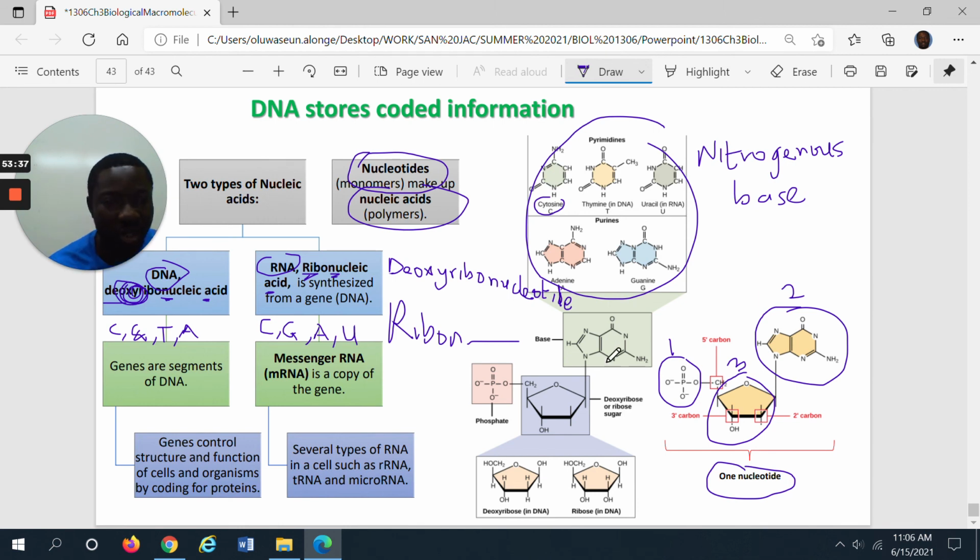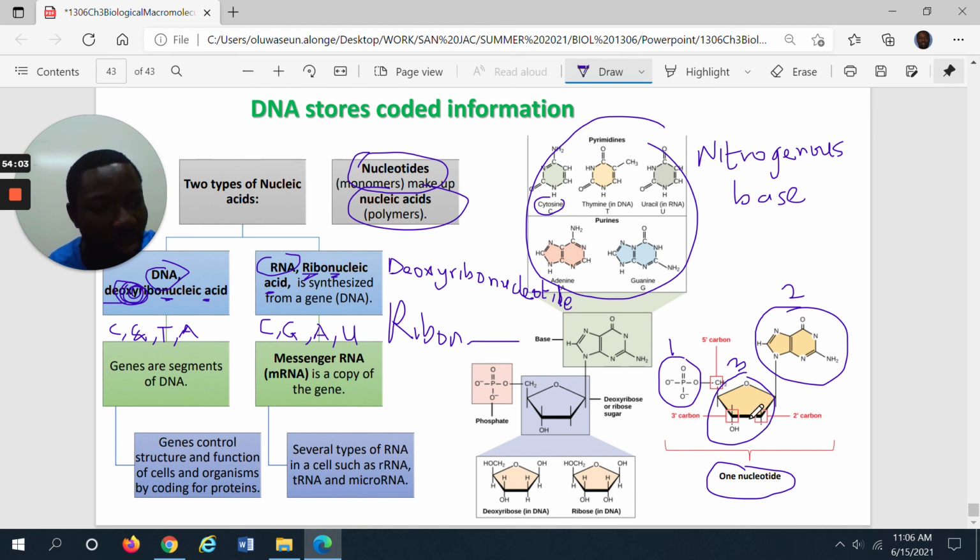And what's going to be different? So if I come here now, the difference is going to be that on this carbon 2 here, they will both have phosphate group, yes. They will both have nitrogenous base, yes. But first, you know their nitrogenous base for RNA is going to be uracil, adenine, guanine, and cytosine. It cannot be thymine. Then for DNA, you know this will be either cytosine, guanine, thymine, and adenine.